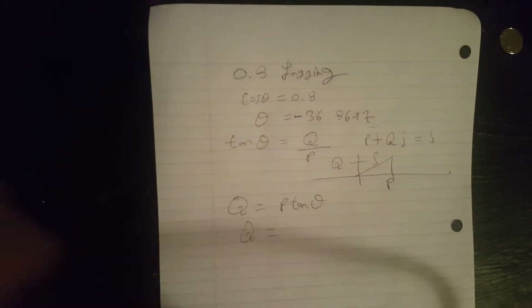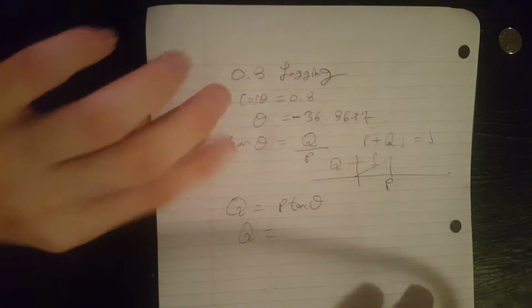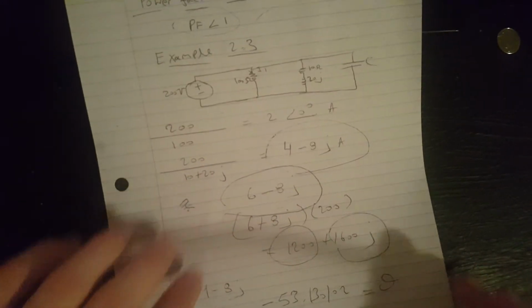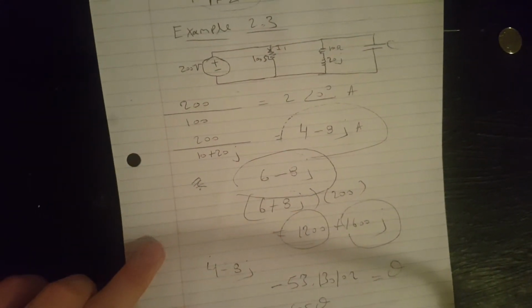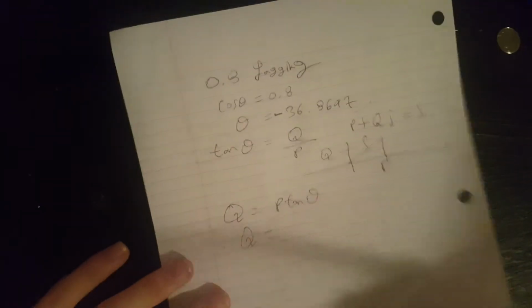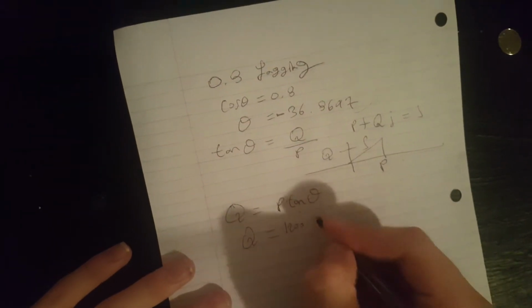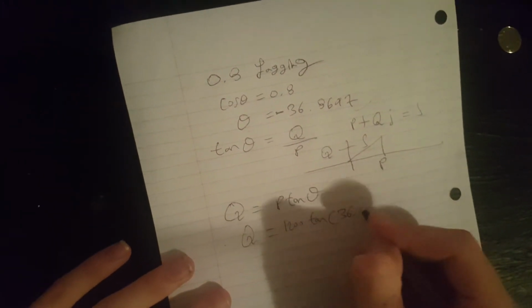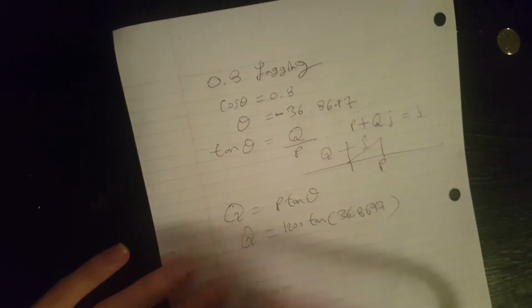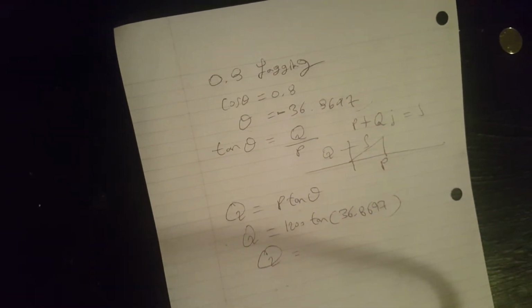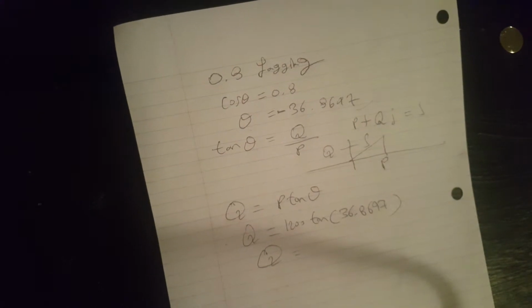It means that Q is going to be P, we found that. P, we said, okay, it's going to be 1,200. This is just the real component. Tangent of 36.8697, yeah? So Q is going to be 1,200 times tangent of 36.8697.